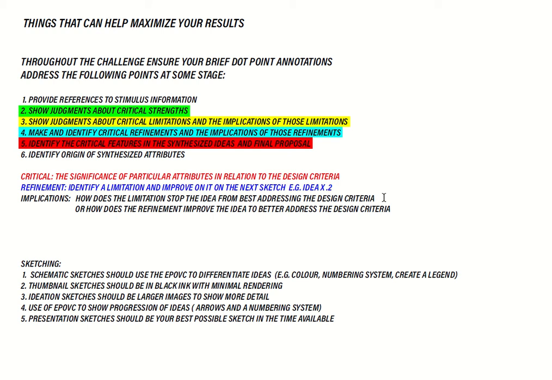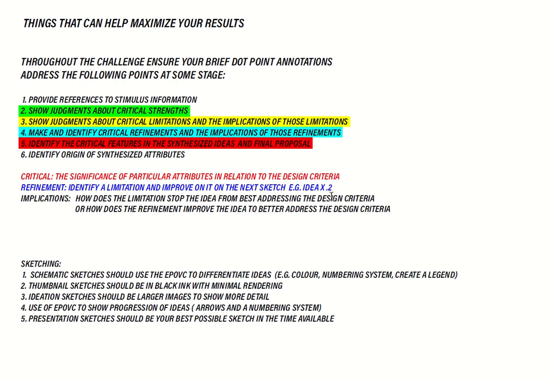You talk about implications of strengths as well, but we're going to make sure we do that, okay? And we make sure that we identify the critical features in the synthesized ideas and final proposal. That'll make sense a little bit further on when I flick through these pages, and we'll make sure we work through that. So refinement, identify a limitation, improve on it on the next sketch.